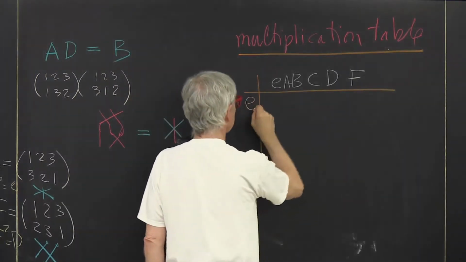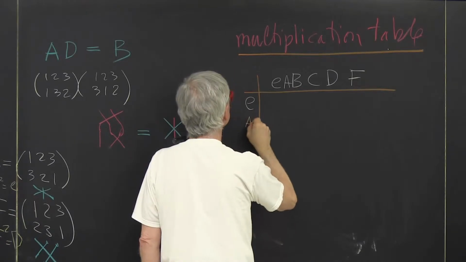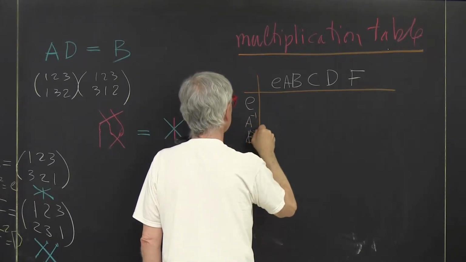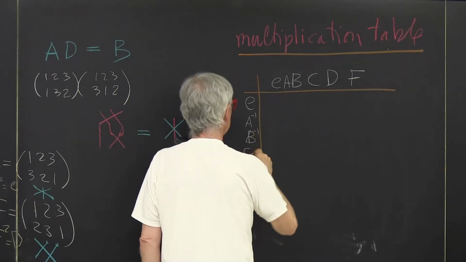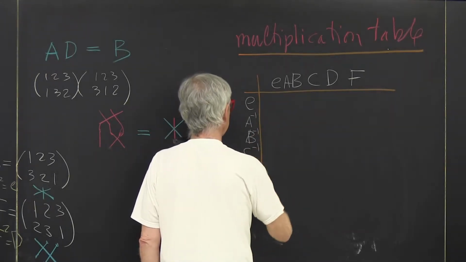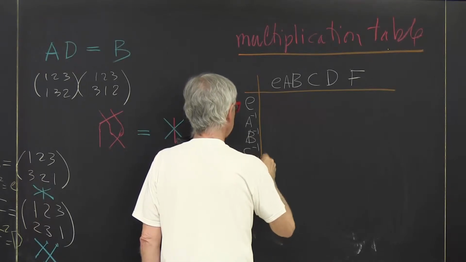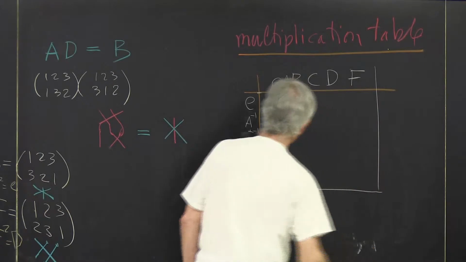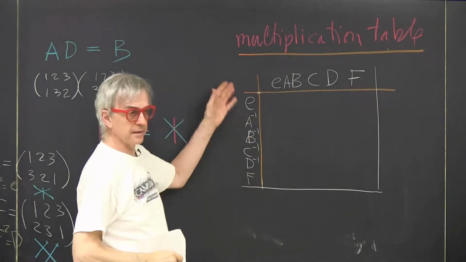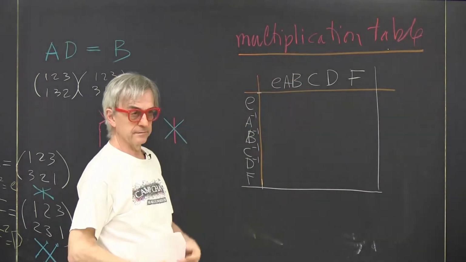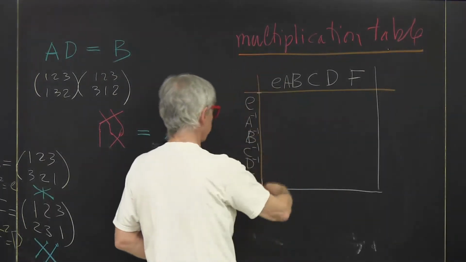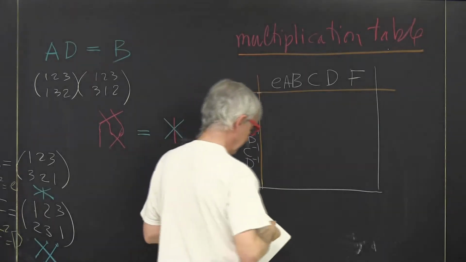It's convenient to write inverse of A, inverse of B, inverse of C, D, and F. And as every group element has a unique inverse, this is the same multiplication table. They've just been permuted in some order.